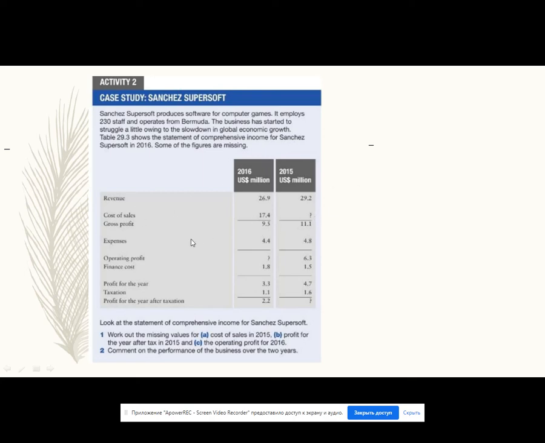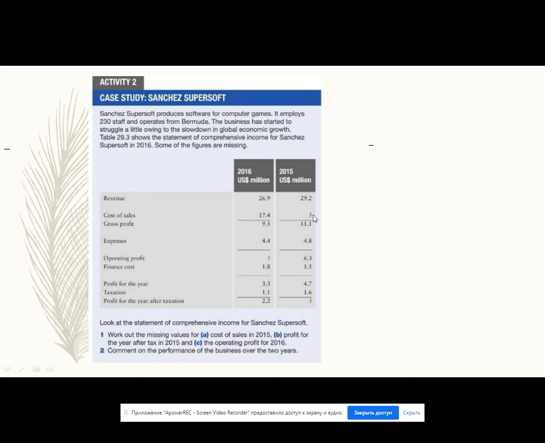Cost of sales. We remember that gross profit is revenue less cost of sales. Gross profit for 2015 is 11.1, and revenue for 2015 is 29.2. So 11.1 is 29.2 less cost of sales.